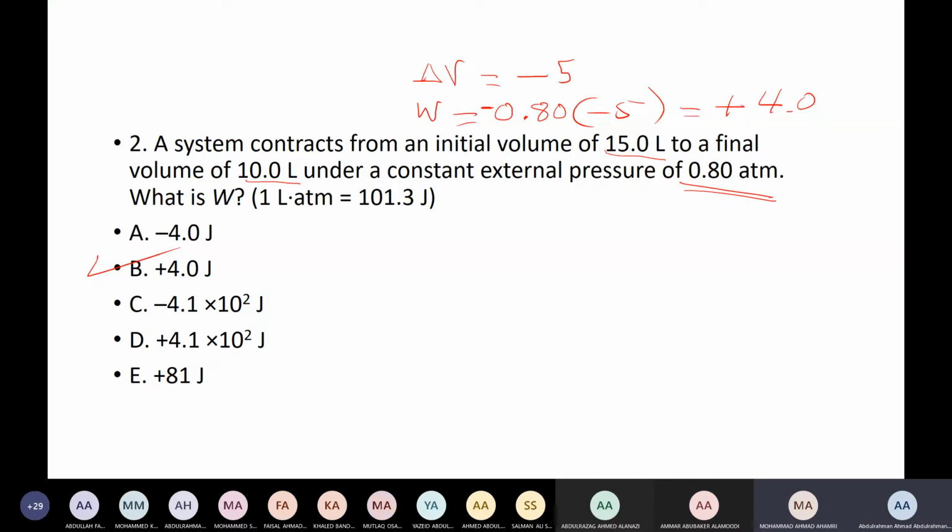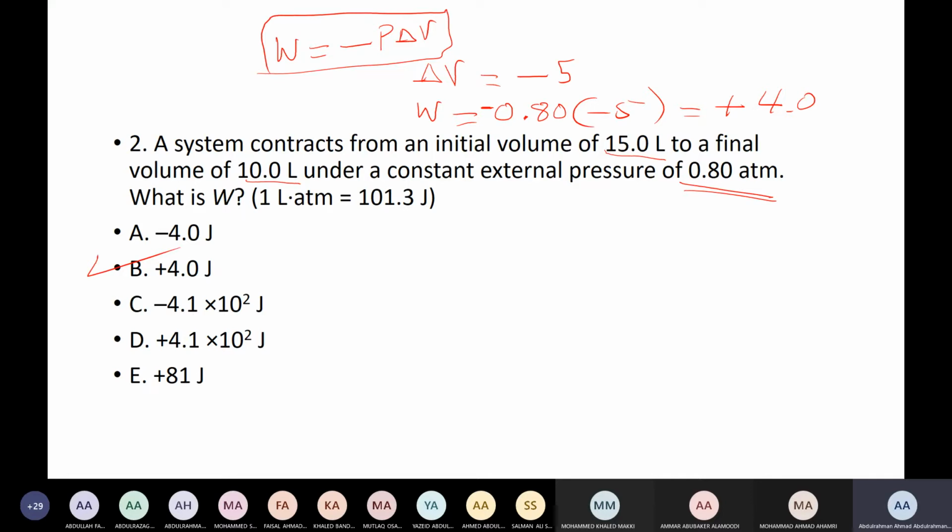No, what's the rule? W equal to what? Doctor, why don't we multiply by 101? Oh, of course. Sorry, I made a mistake, very sorry.